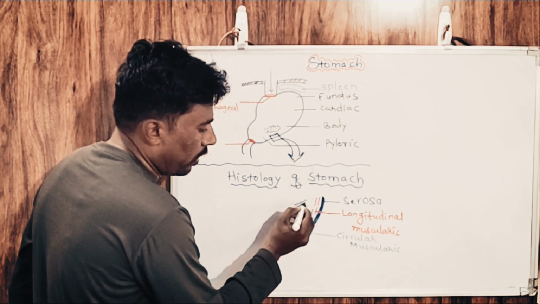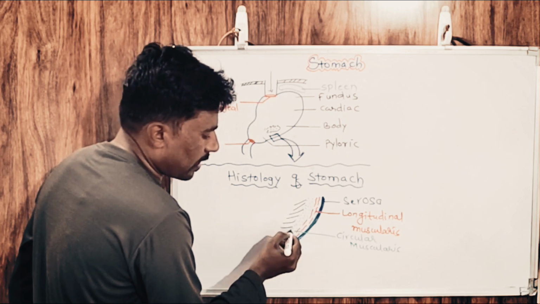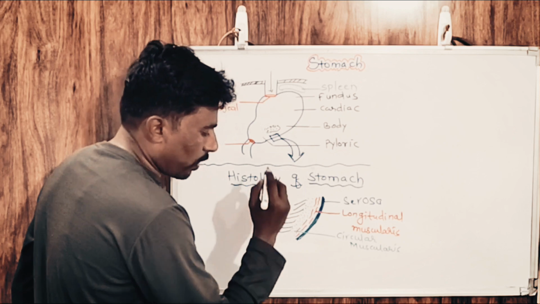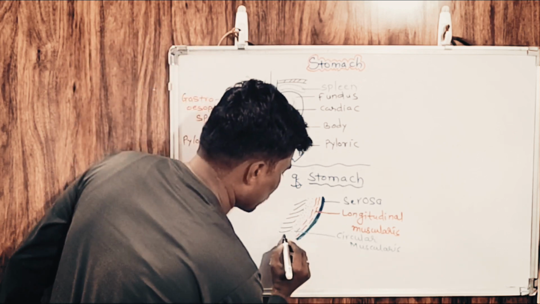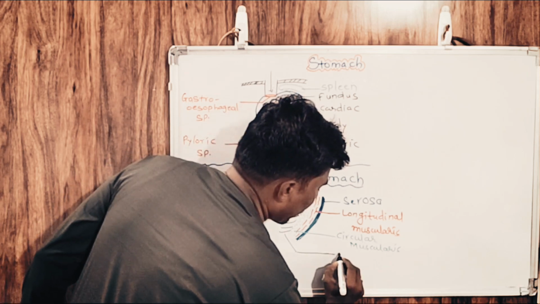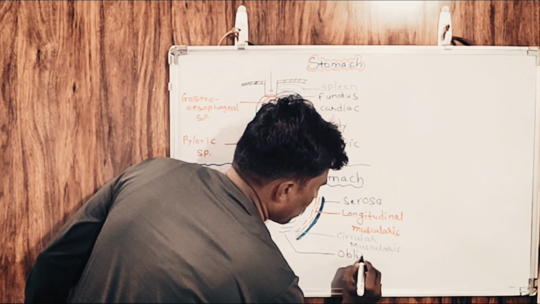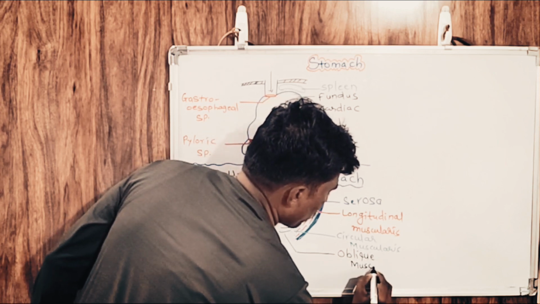They are arranged in this way. This arrangement is known as an oblique arrangement. That's why they are called the oblique muscularis. So this is one more layer there. So this is the oblique muscularis.